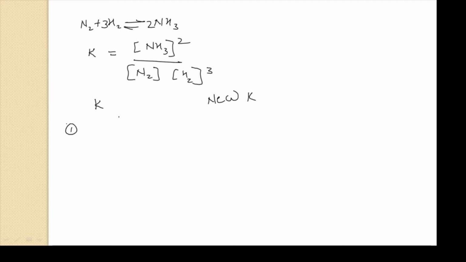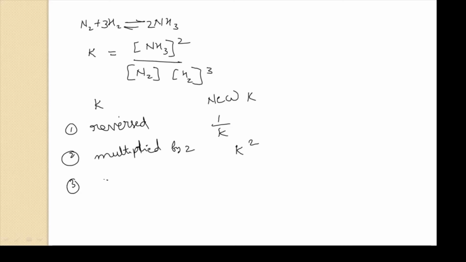If the reaction is reversed, then the new K will be 1 divided by K. When the reaction is multiplied by 2, then K will be K square. Third one, if it is divided by 2, then it will be square root of K.